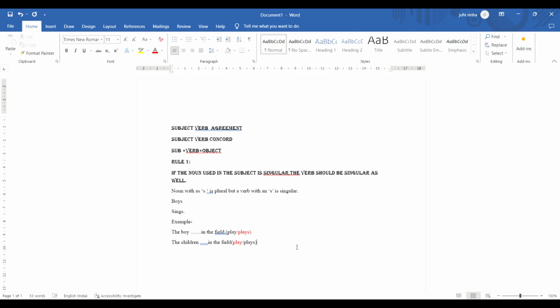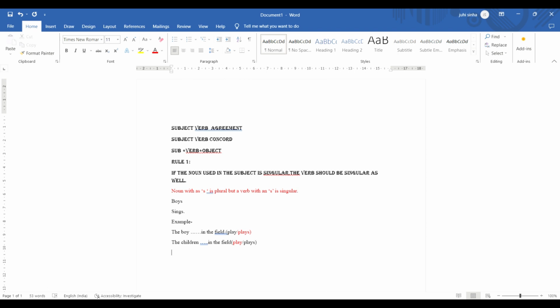If the subject is plural, the verb should be plural. But what you have to keep in mind is that a noun with an S is plural, but a verb with an S is singular. This is very, very important. Then we took up some examples. For example, the boy plays in the field, whereas the children play.